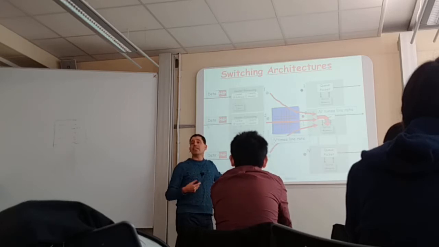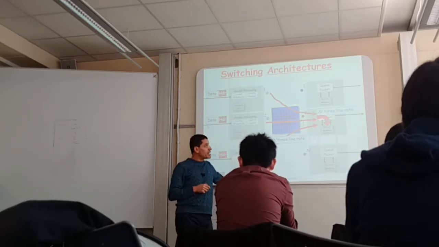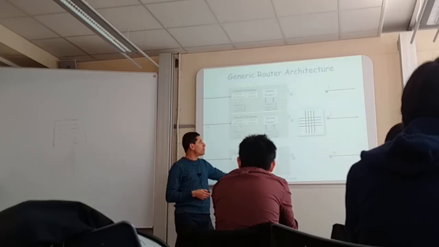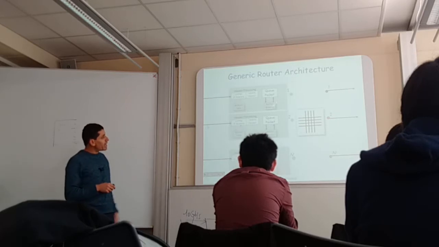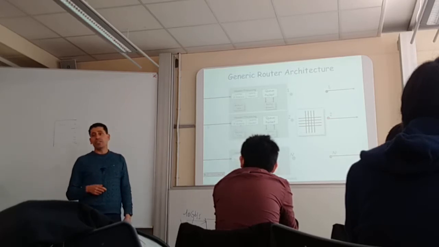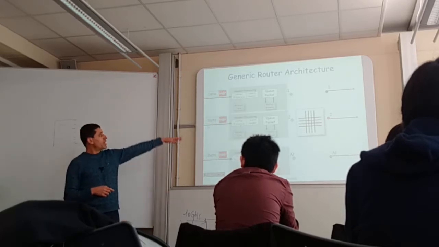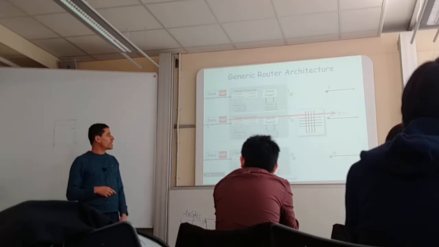Now, if I don't have enough money, or if technology does not allow me to have this fast memory, I have no choice but placing the memory at the input. Why? Because now I can afford it, cost-wise or even technology-wise. The speed of the memory is low in this case. It's affordable.